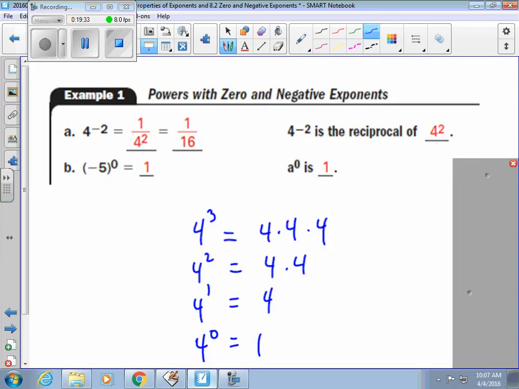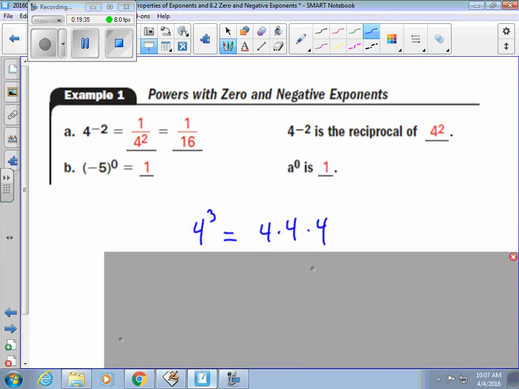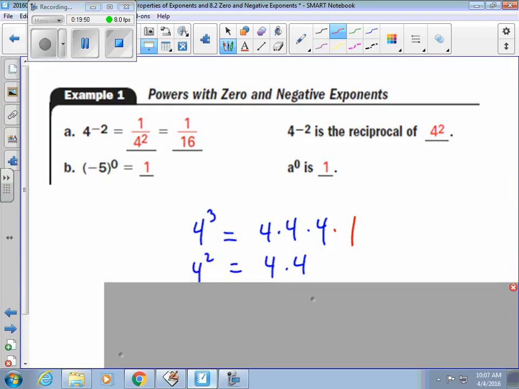This first one, 4 to the 3rd power, is not just 4 times 4 times 4. It's 4 times 4 times 4 times 1. You don't write it in. You don't think of it that way because anything times 1 is just itself. The second one is not just 4 times 4. It's 4 times 4 times 1.